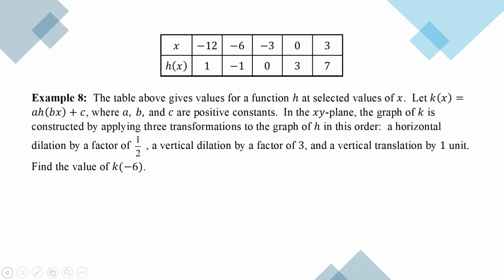That's just the x times. Vertical translation. What would vertical translation be, K? Vertical translation would be your K. In this case, the C value.